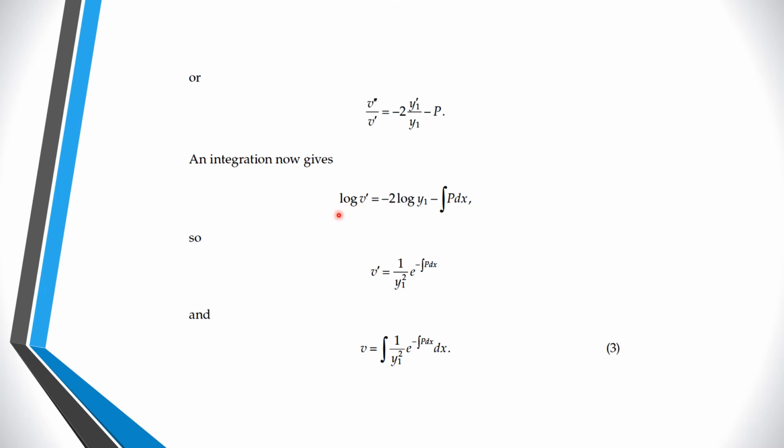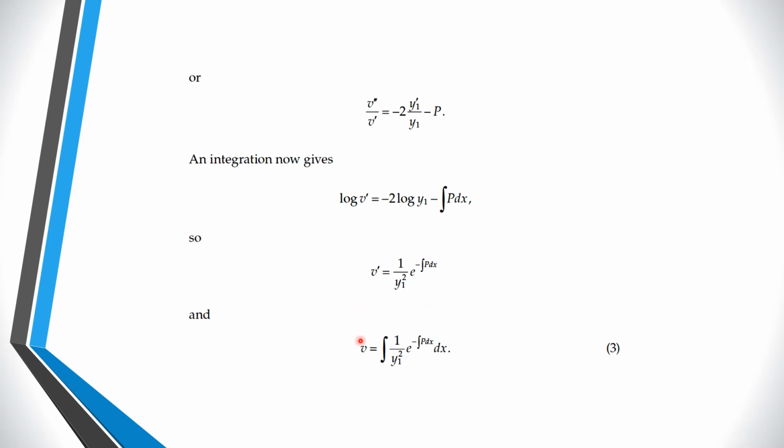So when you take antilog on both sides, v prime is equal to e to the power log of 1 over y1 square into e to the power minus integral of p dx. So log and e cancel out and you are left with this equation. So v prime will be 1 over y1 square into e to the power minus integral of p dx. This is the value of v prime.